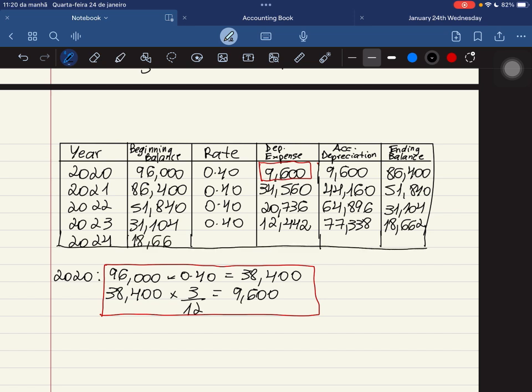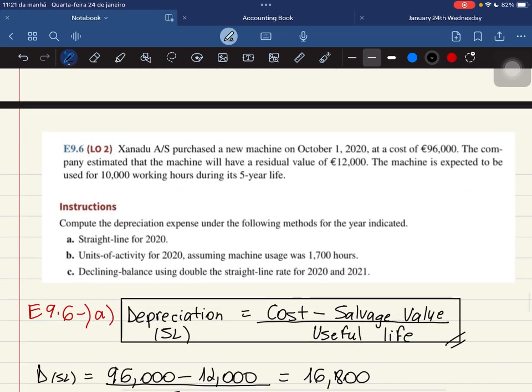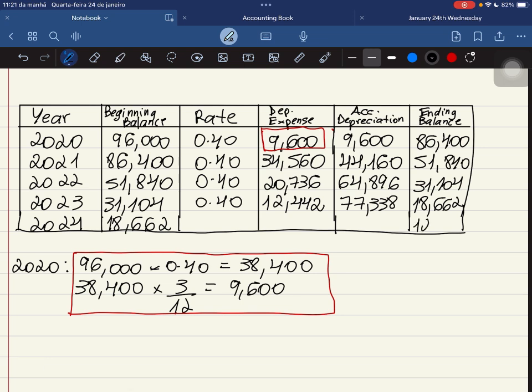This year is slightly different. Why is that? Because in the last year, remember that this machine is not going to be depreciated until 0. It's going to be depreciated until 12,000, which means that even after all of the depreciation has happened, I have to have a final value of 12,000, which means that my final ending balance has to be necessarily 12,000. But if we take a look over here, for this to be 12,000, what does that mean?